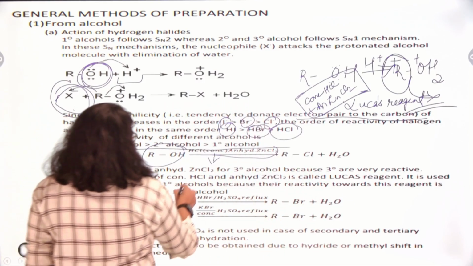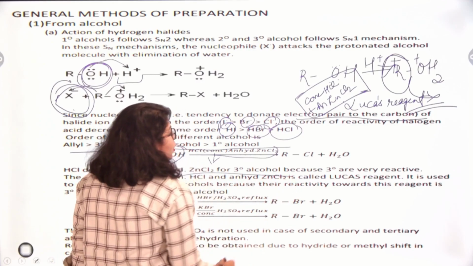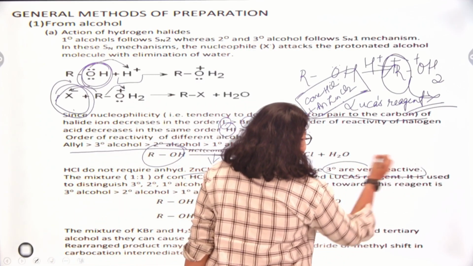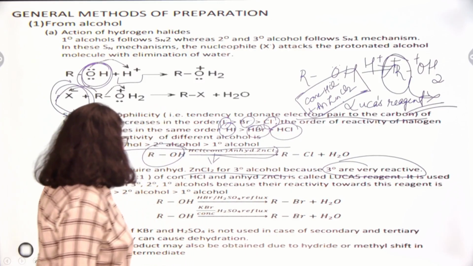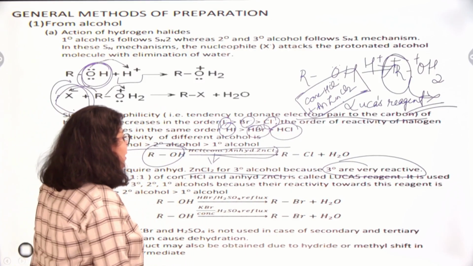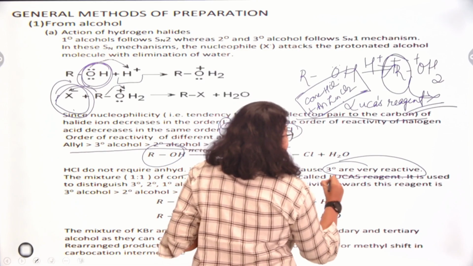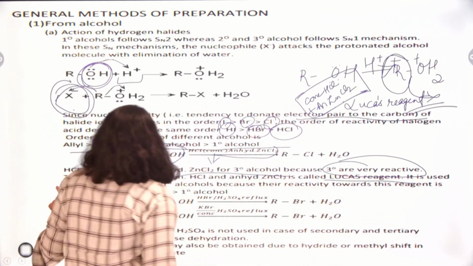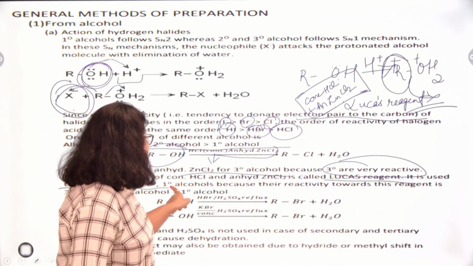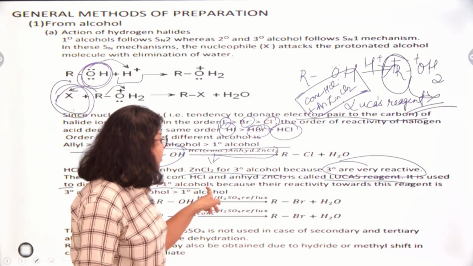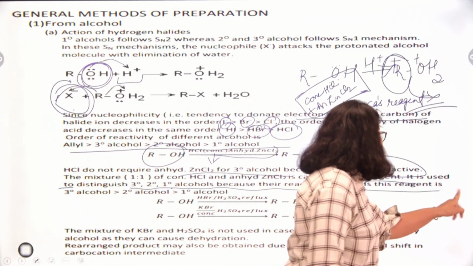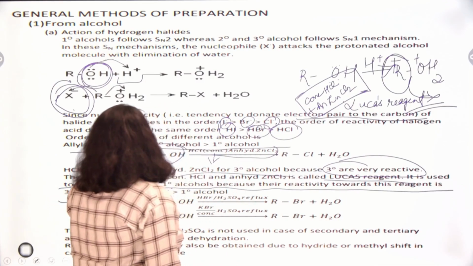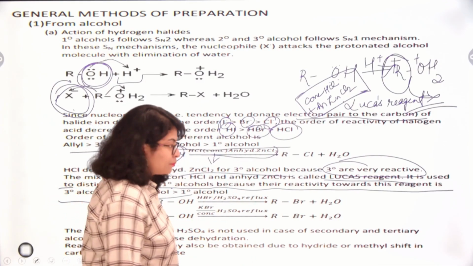HCl does not require ZnCl2 for 3-degree alcohol because 3-degree is very reactive. This mixture of 1:1 concentrated HCl and anhydrous ZnCl2 is called Lucas reagent and is used to distinguish between 3-degree, 2-degree and 1-degree alcohols because their reactivity towards this reagent is 3-degree alcohol greater than 2-degree greater than 1-degree. Okay.